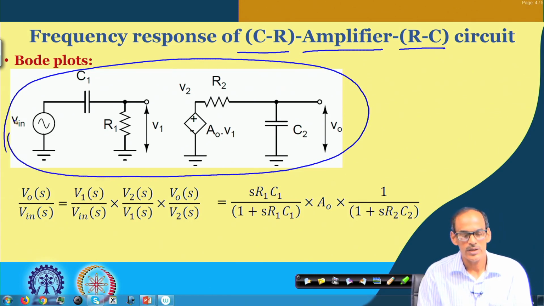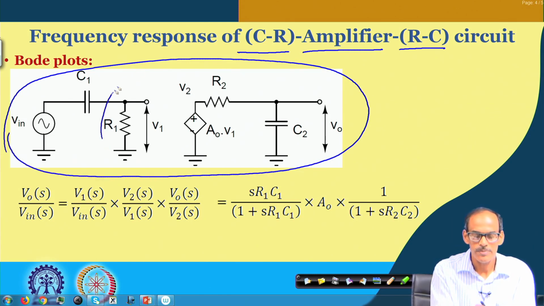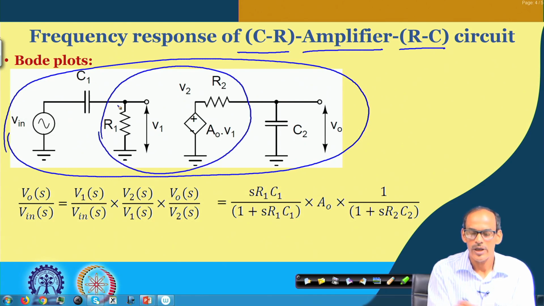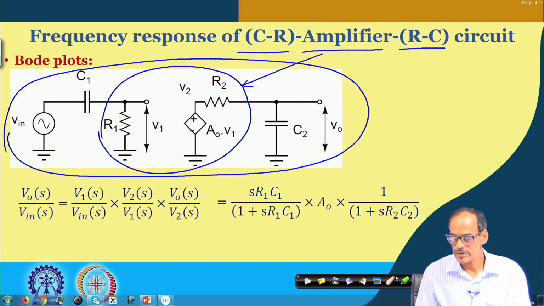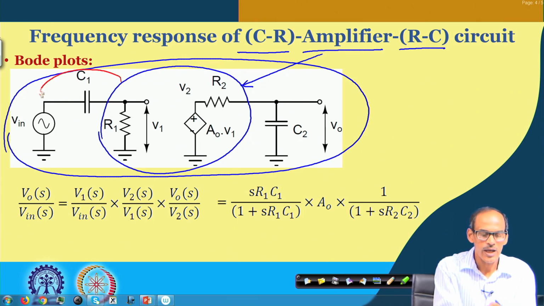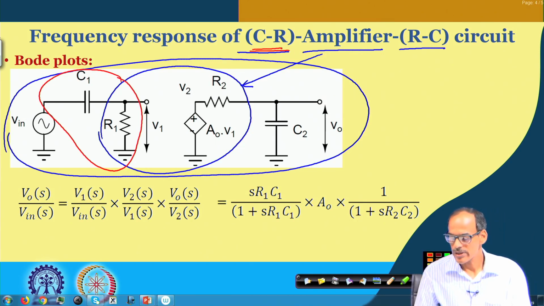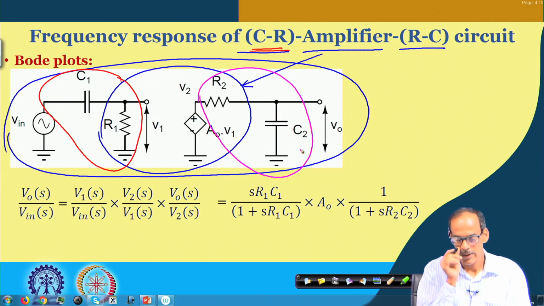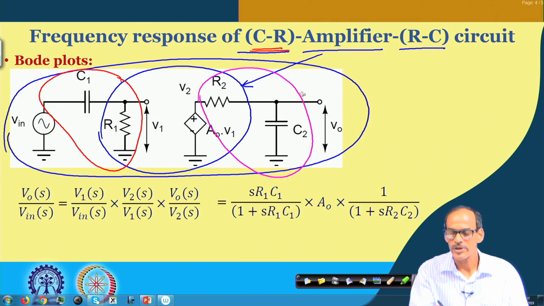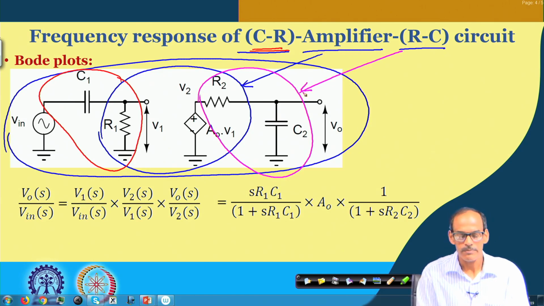This portion is the amplifier part, and on the other hand this portion, the C and R, they form the CR circuit, and on the other side we have R2 and C2, forming the RC circuit.